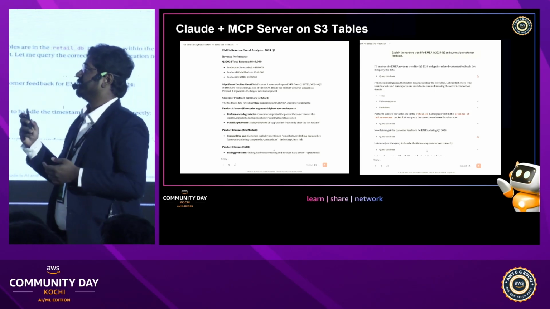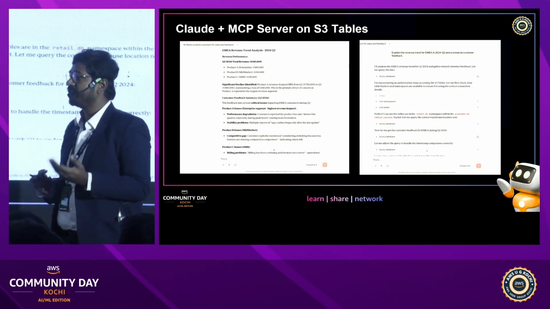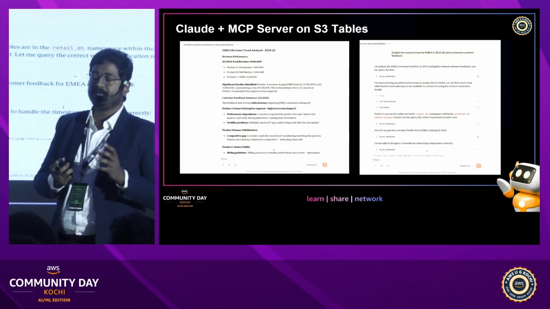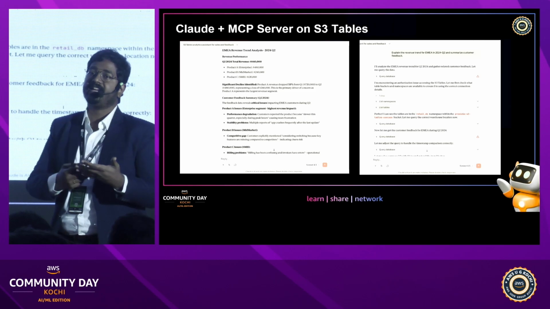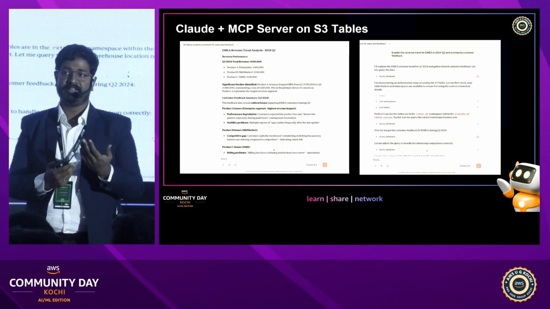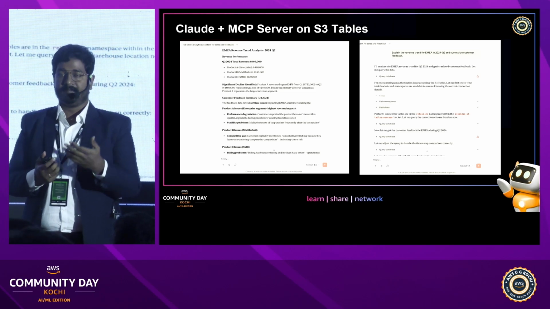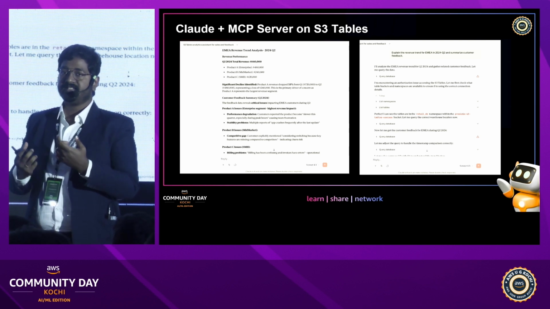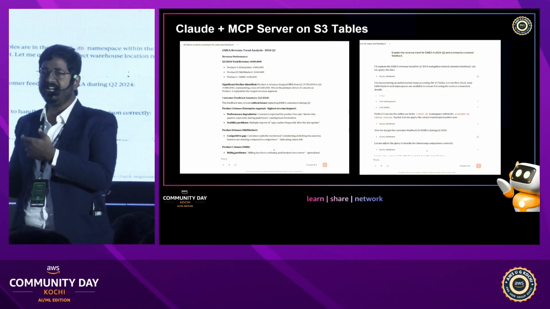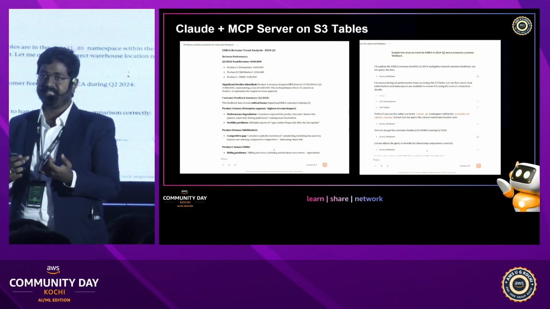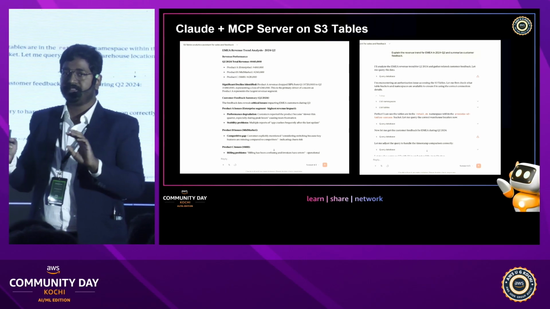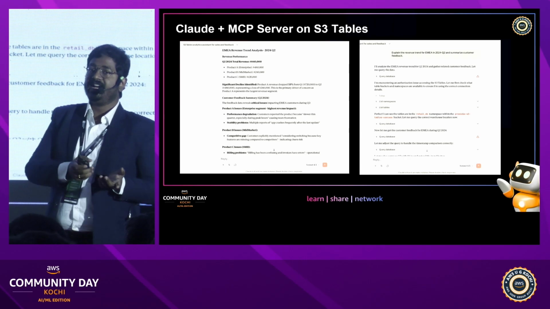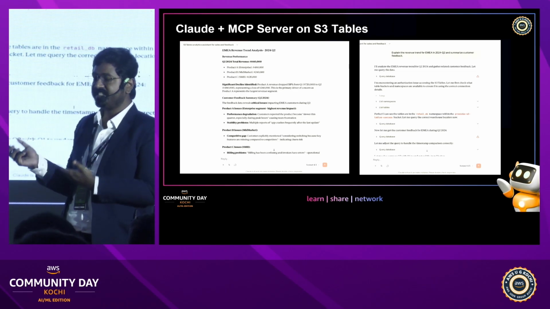Before interacting with our system, we give a system prompt with an overview of the data. After that, whenever we ask a question, like what are our top customers, the data will be queried from the enterprise tables using this MCP server, the SQL query will be executed, and the results will be displayed in a natural language manner.